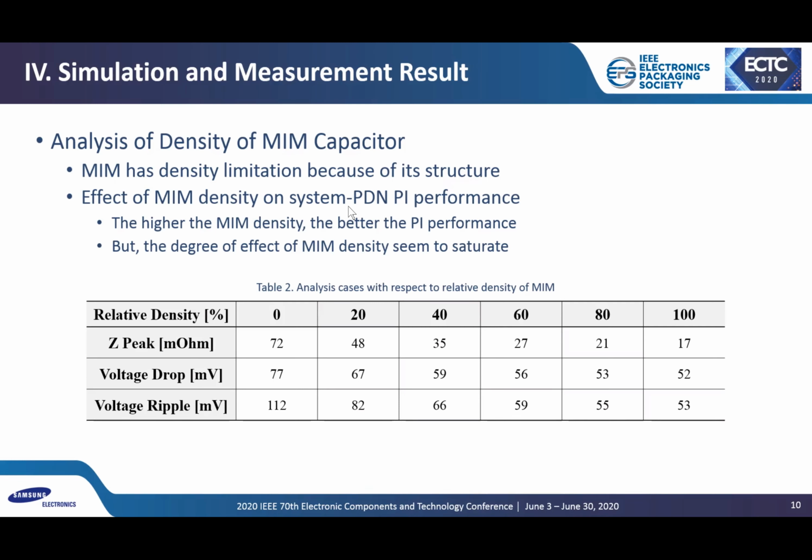Table 2 and Figure 9 show the analysis result of PDN with package embedded LICC and MIM. As can be seen in both Table 2 and Figure 9, the higher the MIM density, the better the frequency domain and time domain characteristics.